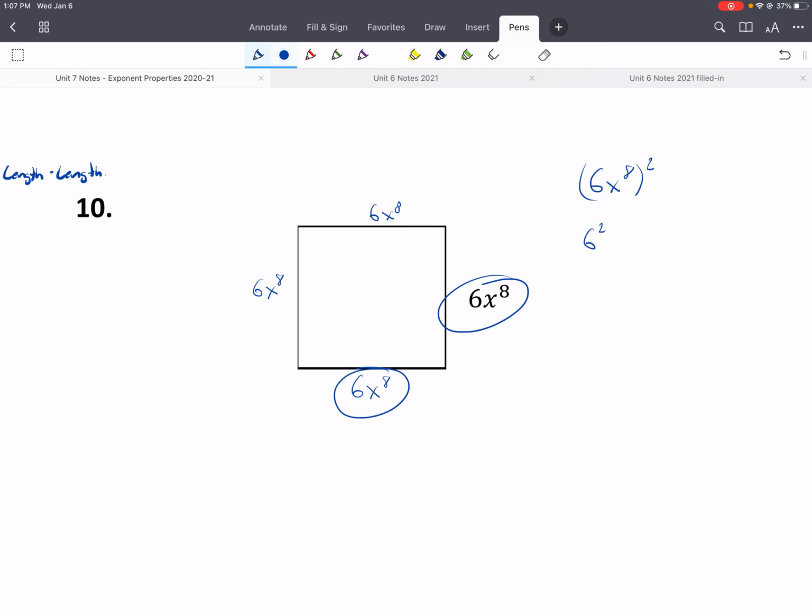That's 6 squared x to the 8 times 2, or 36x to the 16. Or again, you could also do 6x to the 8th times 6x to the 8th. And then multiply the coefficients as normal, that's 36. And then if we're multiplying like bases, then we would add. So that would be x to the 16.